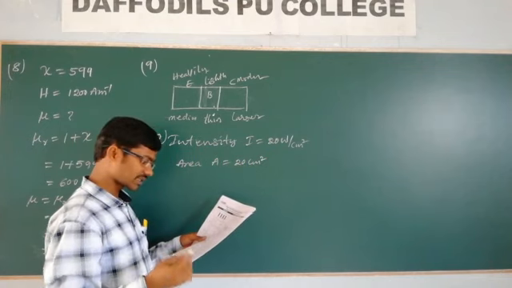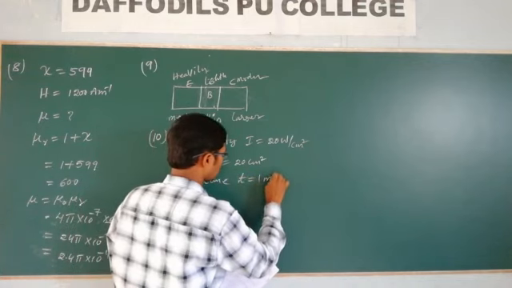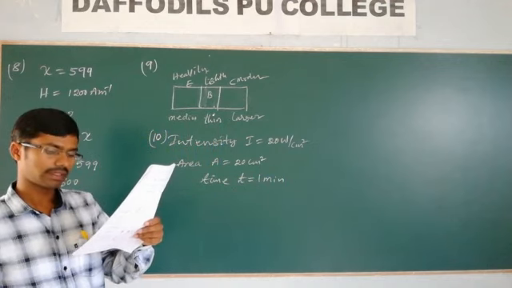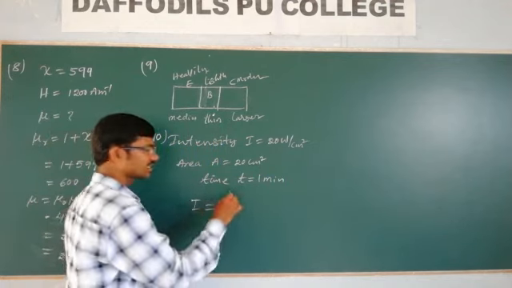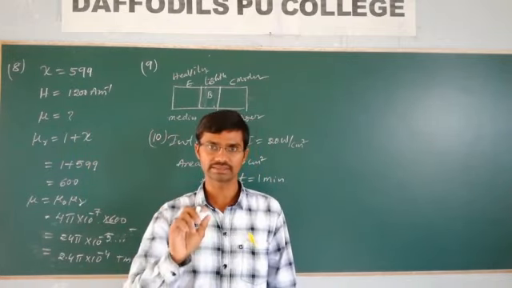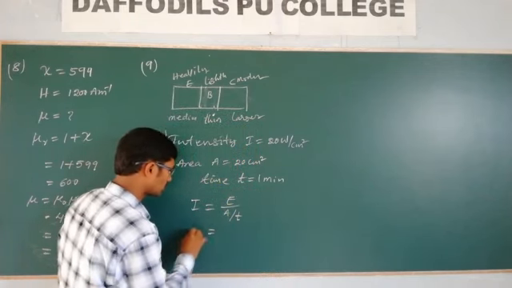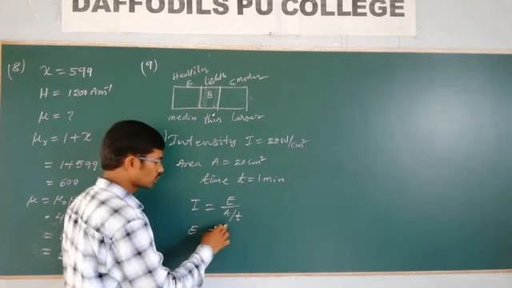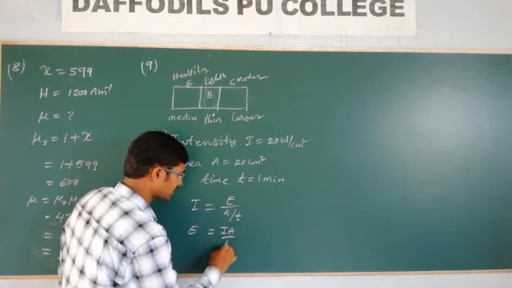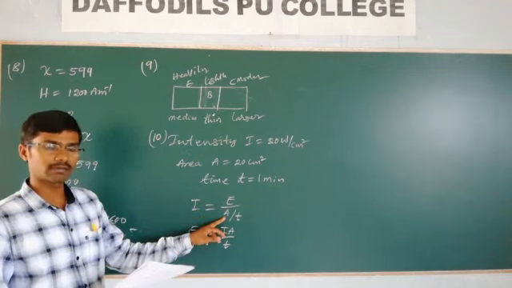The energy received by the surface during the span of time 1 minute, for t equal to 1 minute. But energy incident per unit area per unit time, which is energy by area by time, from this one we can write energy is equal to IAT. So energy incident per unit area per unit time.